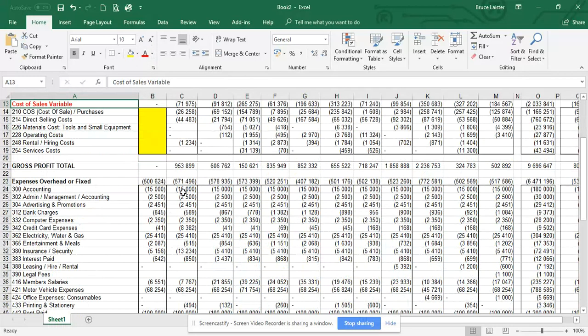So the next section is overheads or expenses or fixed costs. These are costs that will be there pretty much on the same sort of amount every month.